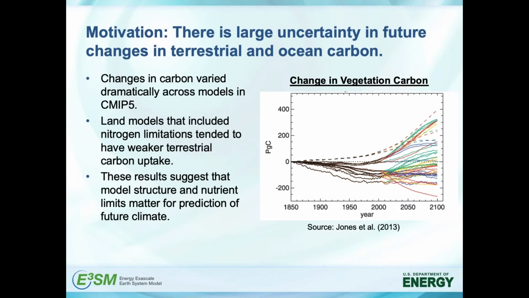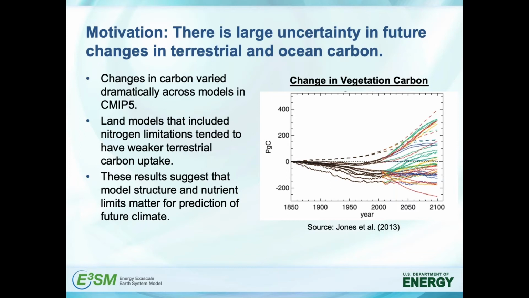The figure at the right here is showing the change in vegetation carbon among CMIP5 models, where in the historical period you can see that the models are already pretty different from each other, but they become really dramatically different into the future.